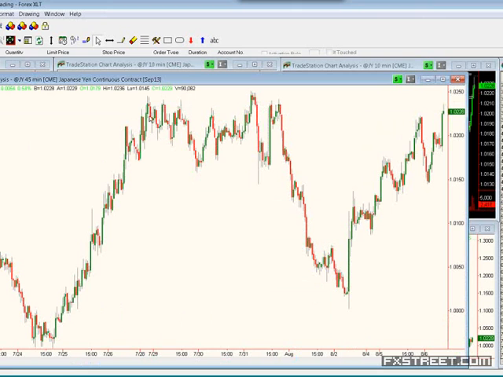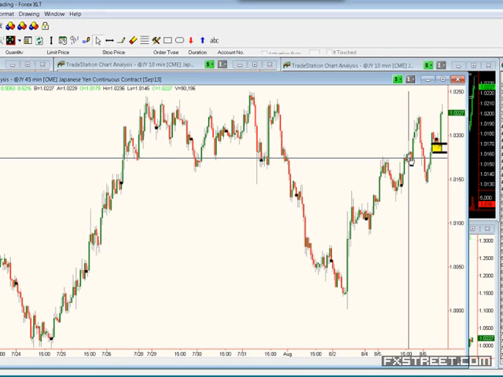So again, we've rallied up to an area where we've been a few times, very likely to cause prices to decline. But if and when prices get back down to this area right here, we want to remember, when we're drawing our lines, to make sure that we get the origin of the move.